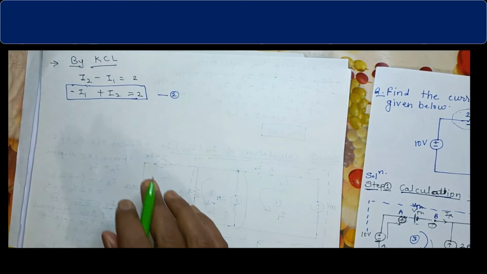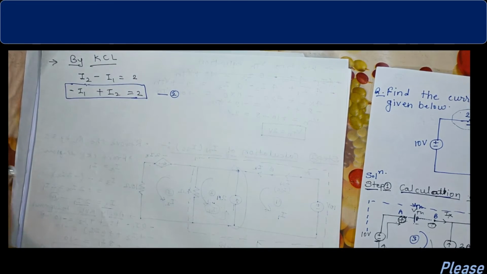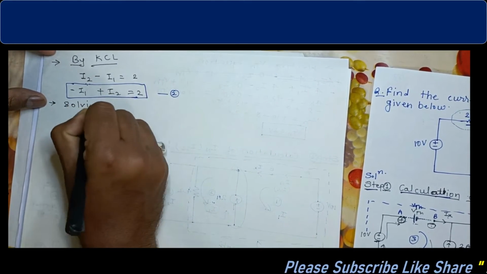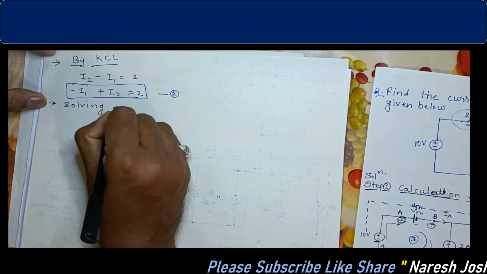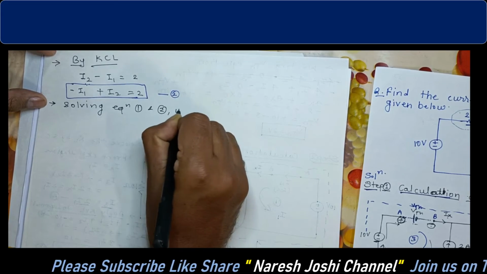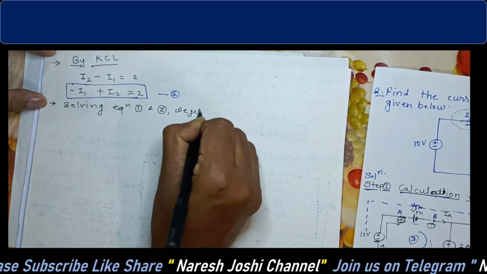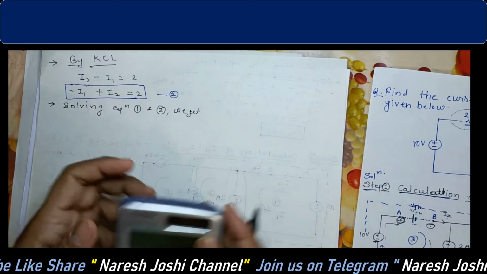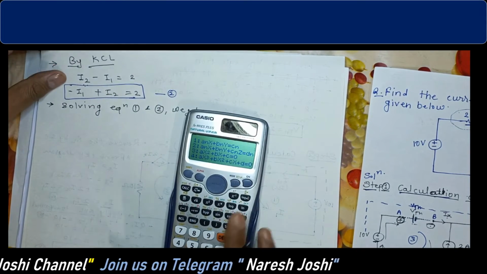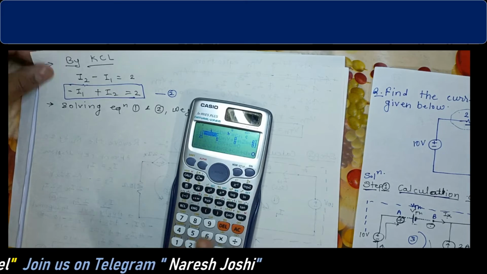Now we have to simplify this equation, so solving equations 1 and 2, we get... Now you can see I will use the calculator. We have only two unknowns.